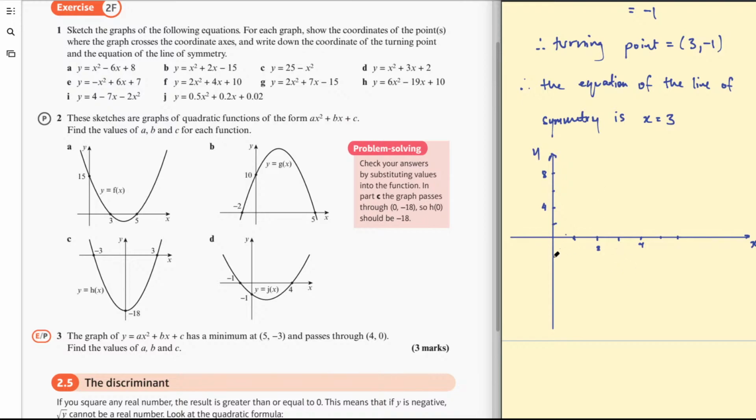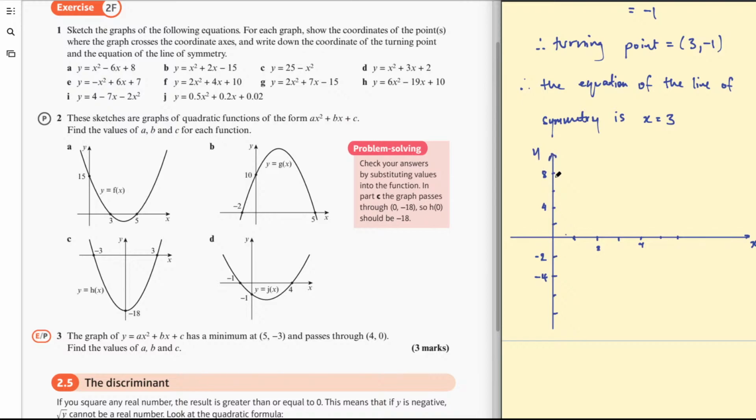And my minimum was (3, -1). Okay, so I should have graph paper for this. Unfortunately, I didn't get that organized on this program yet, but here we go.